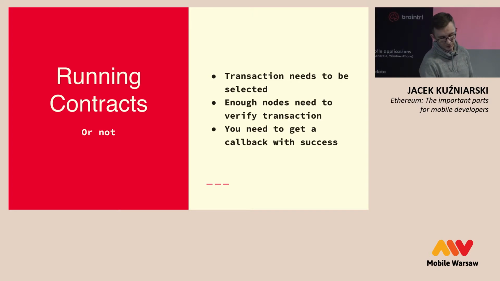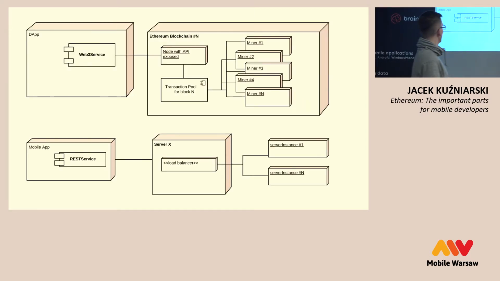And you need to get a callback with success. And I don't mean like 200 with the REST API, and it doesn't fail. But with this goes the event portion of the blockchain itself. To drive the point home, when you think about communicating with blockchain, you can proxy it to a REST API somehow, to a point.